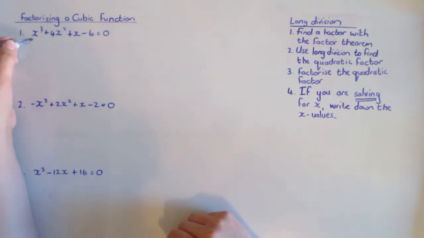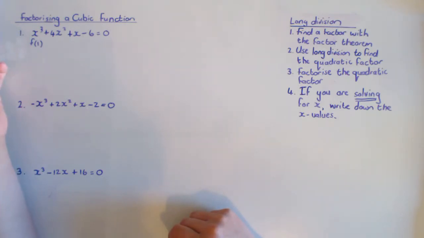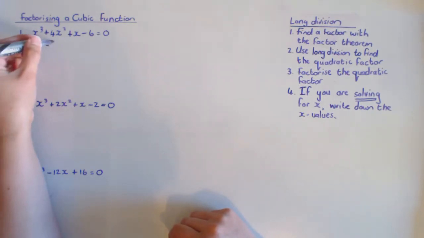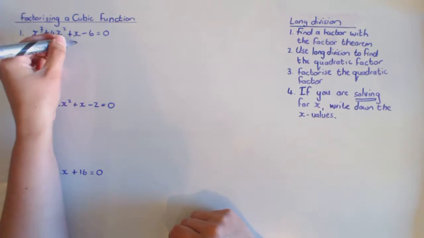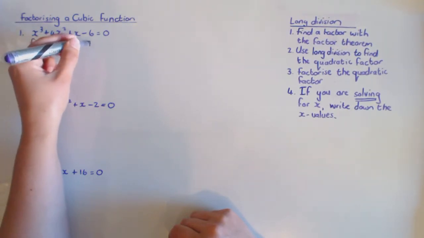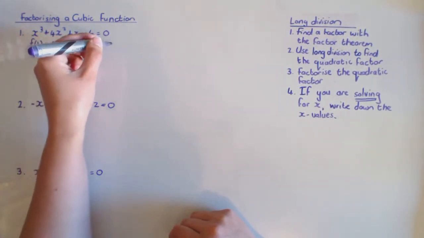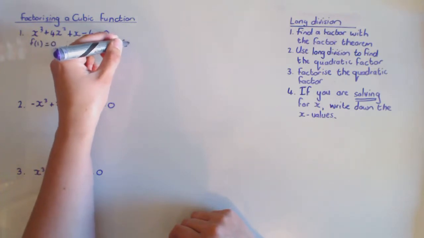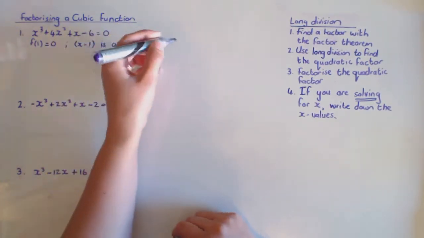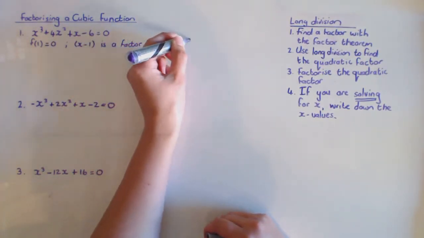From the previous video, in the place of x, 1 actually gave me 0, which means that x minus 1 is a factor, and then what I'm going to do is long division.